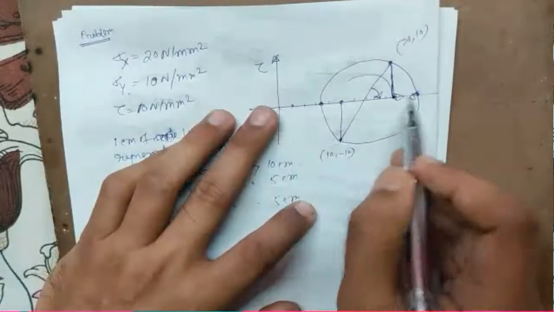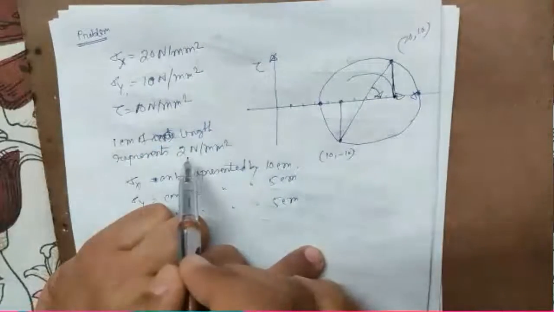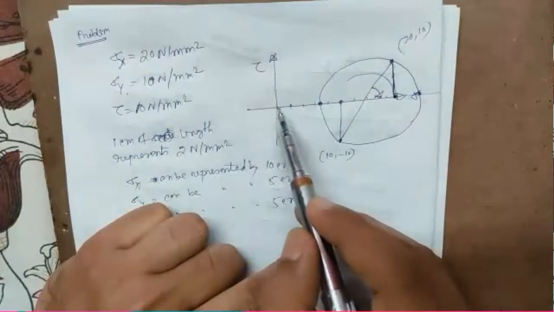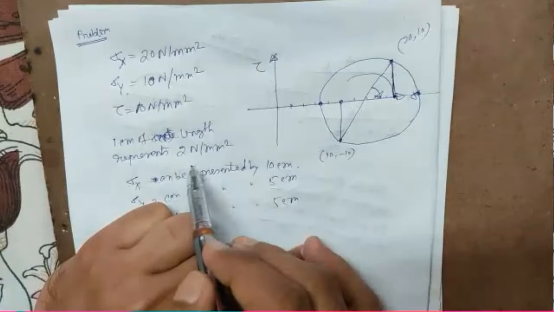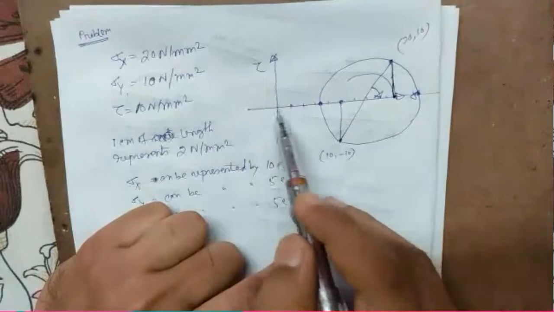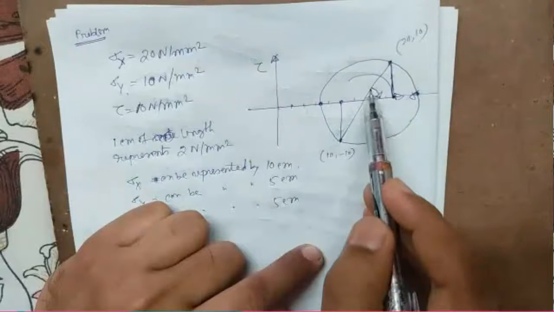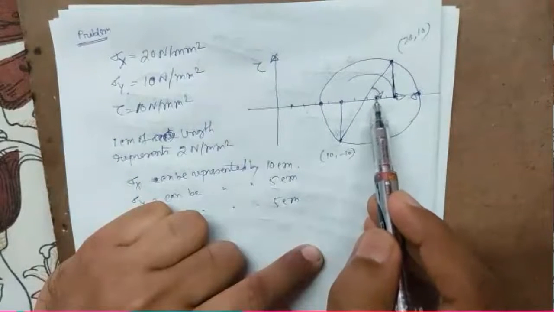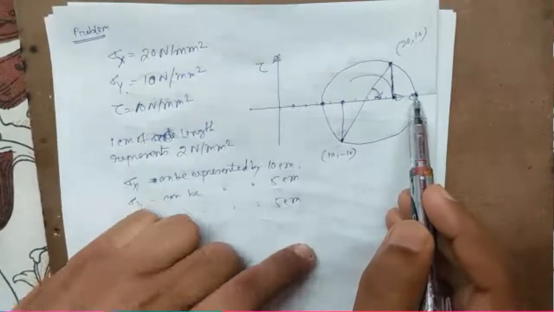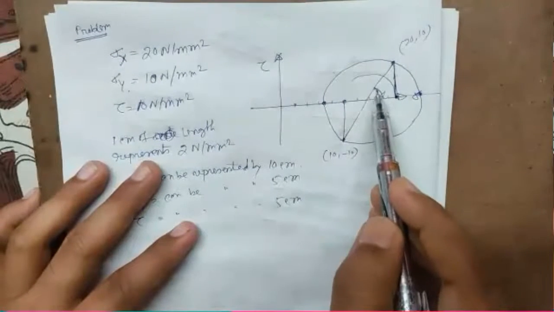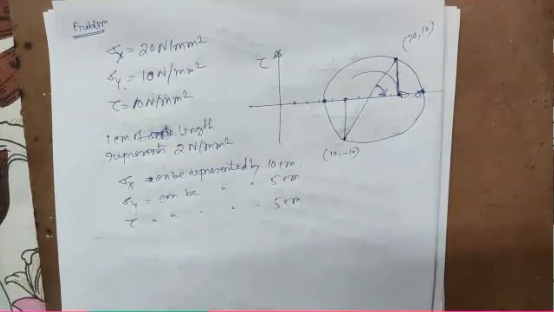You measure with scale this much length and convert from this, 1 centimeter equal to 2 Newton per millimeter square. So this much length will become how much centimeter, and then by multiplying it with 2 you can get this major principal stress, and by measuring this angle with the help of a protractor you can locate this major principal plane. So remember this is 2 theta. So when you write the answer, you have to divide it by 2.